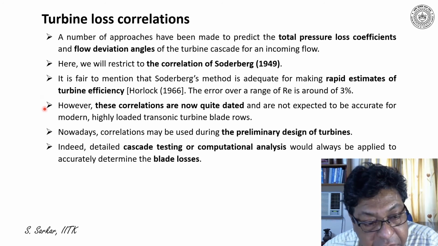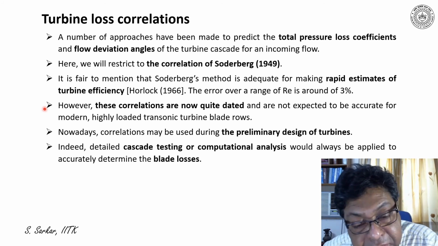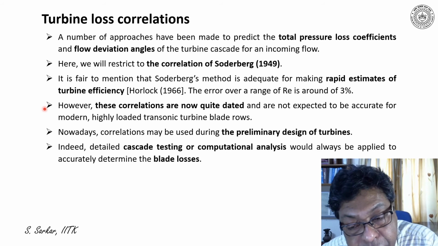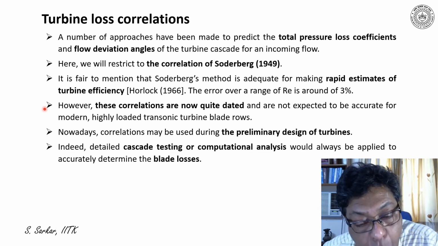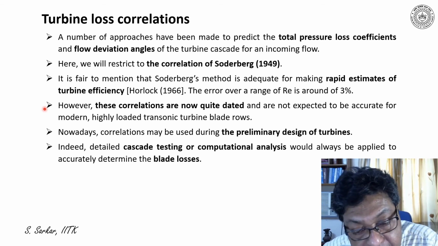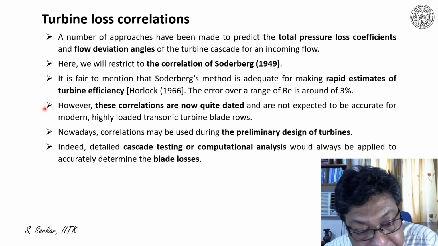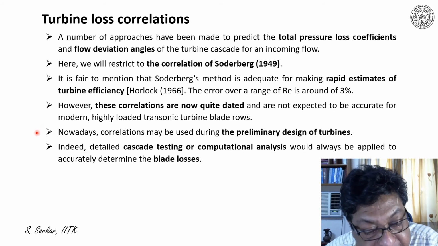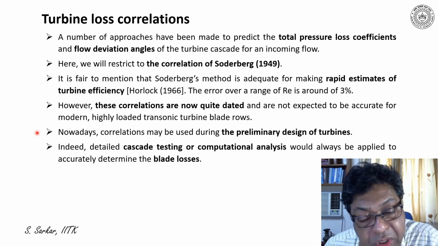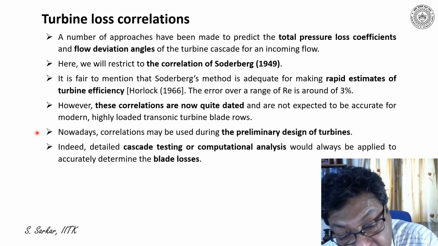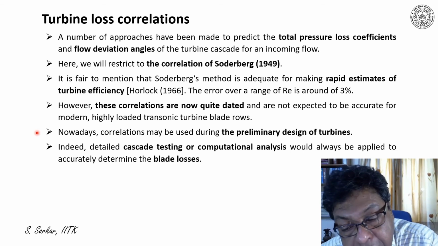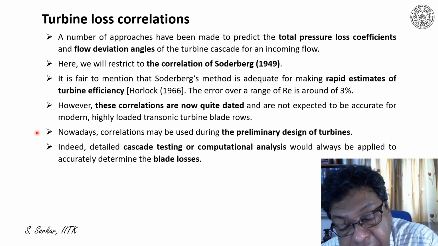However, the correlations are quite dated and are not expected to be adequate for modern highly loaded transonic turbine blade rows. Nowadays, these correlations may be used during the preliminary design of turbine.